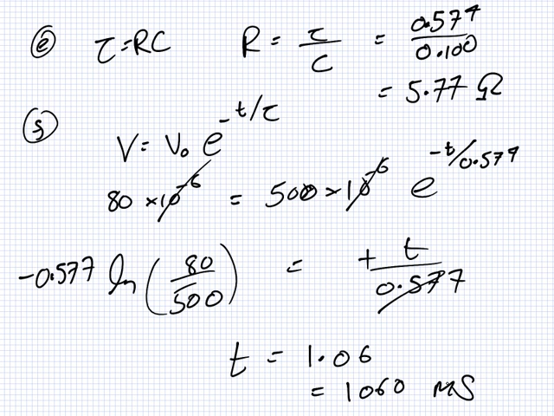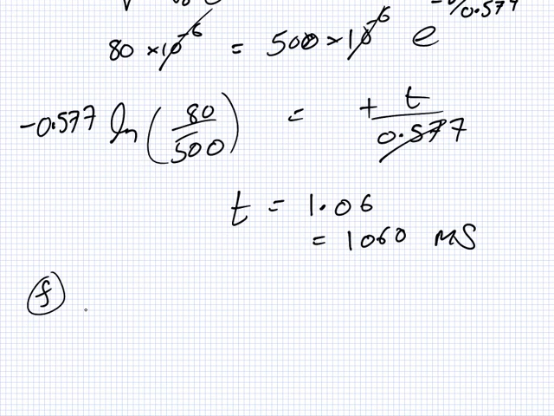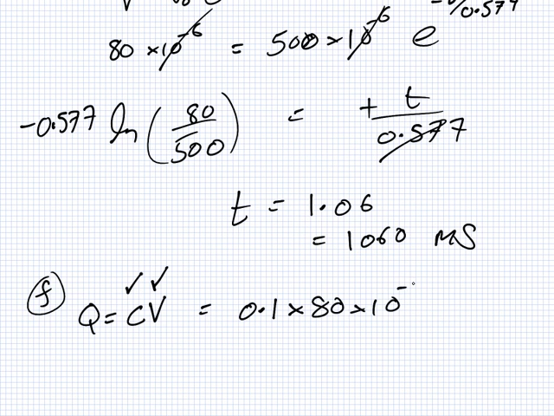How much charge is in the capacitor when it is at this level of voltage? You could use Q equals CV, because we know the C and we know the V. So that would be 0.1 times 80 times 10 to the minus 6, which is 80 times 10 to the minus 7.